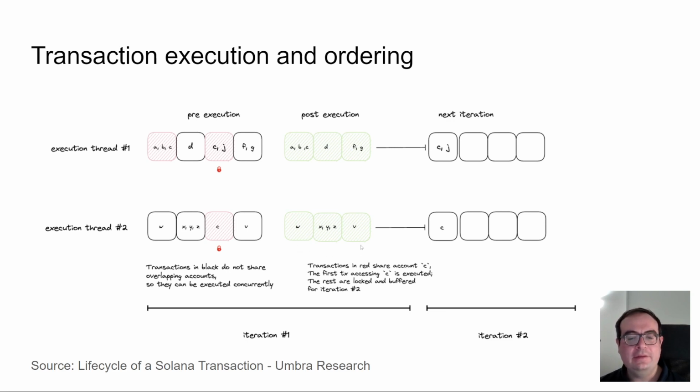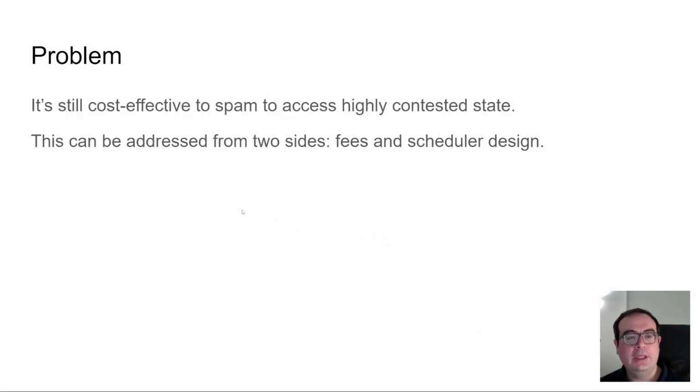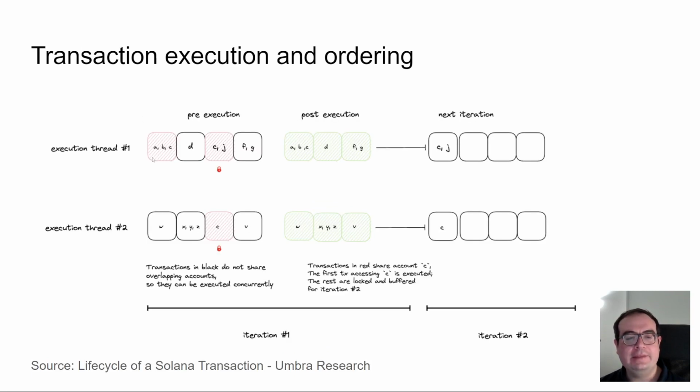But this doesn't really work as nice as we would like it to be, because it's still cost effective to spam to access highly contested state. So let's say that you really care about touching account C, because it's related to an application for which you can imagine to make profit if you touch it first.